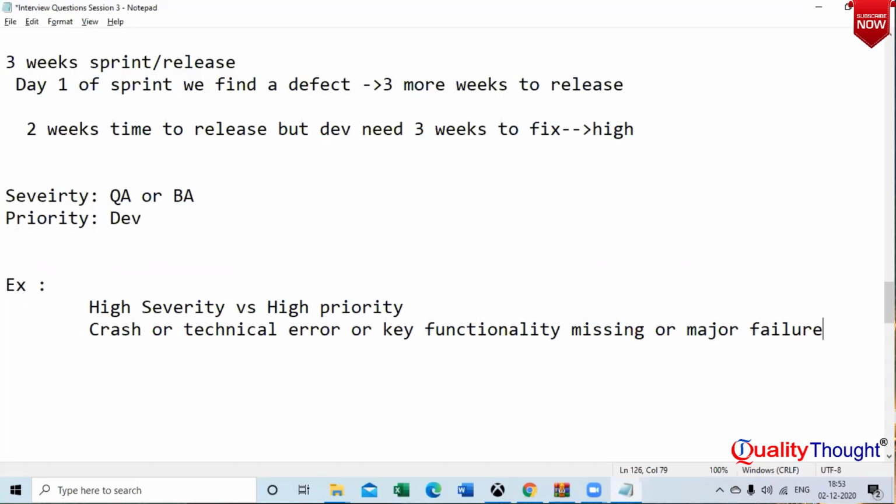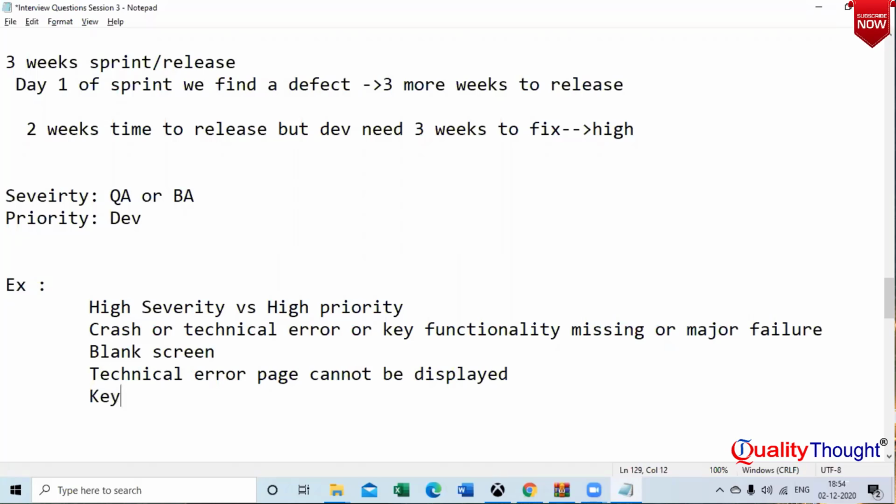For example, suddenly you get a blank screen, a technical error, or "page cannot be displayed". Or key functionality is missing.